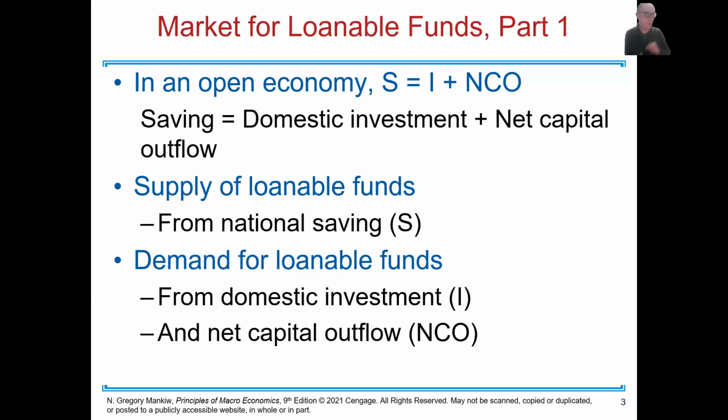The demand for those loanable funds domestically comes from investments and net capital outflow. So savings equals investment plus net capital outflow, right? The savings equals the loanable funds. That's what this overall tells us.